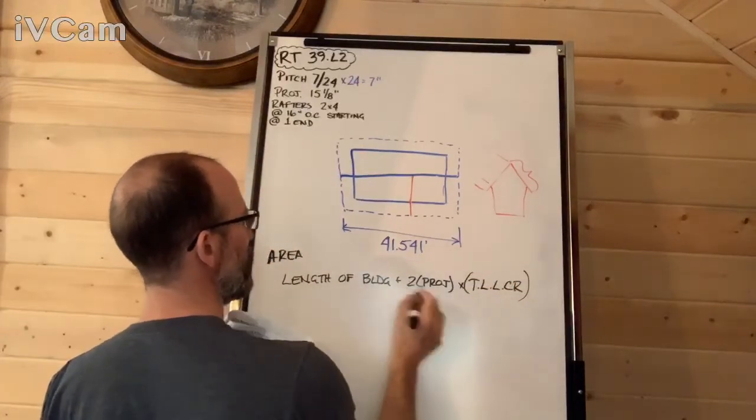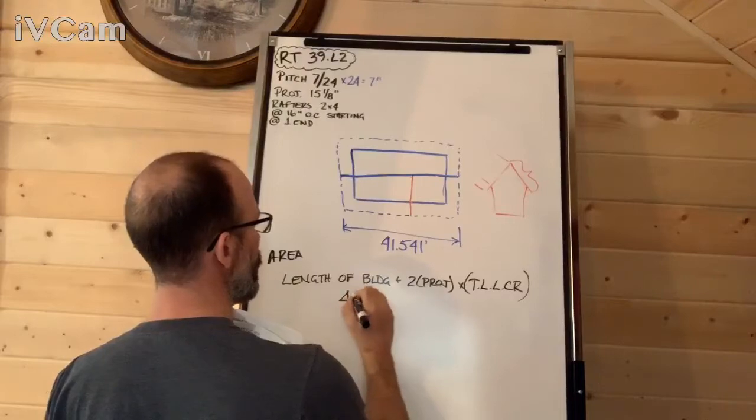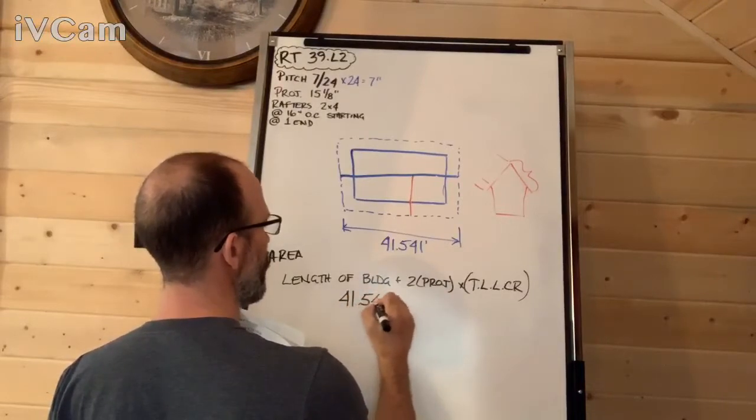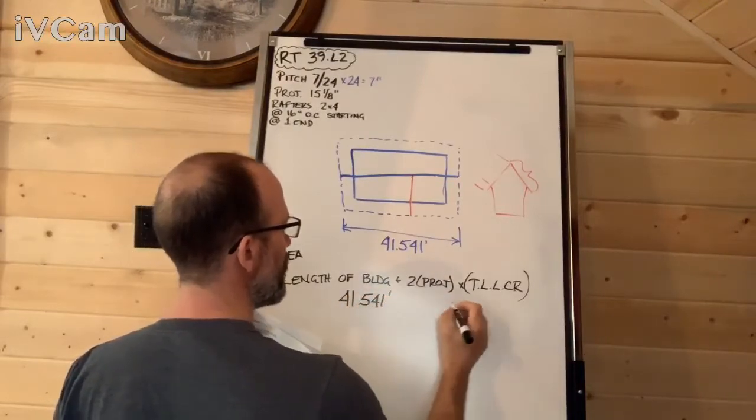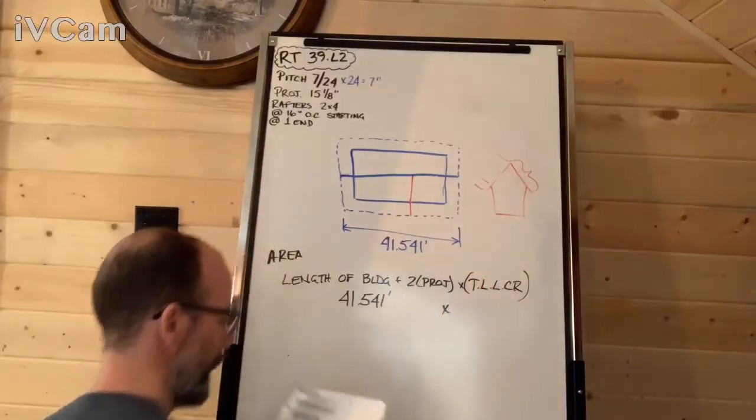Length of our building plus 2 projections, 41.541 feet, times the total line length of our common rafter.